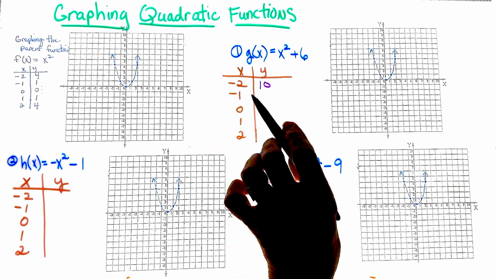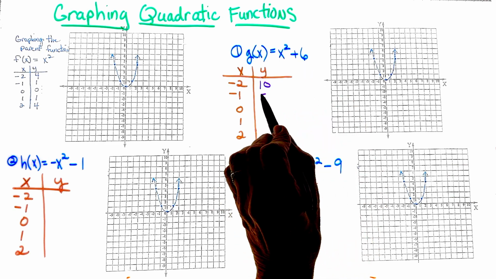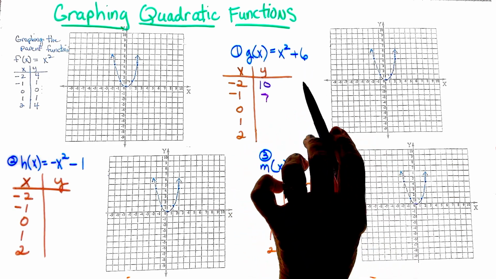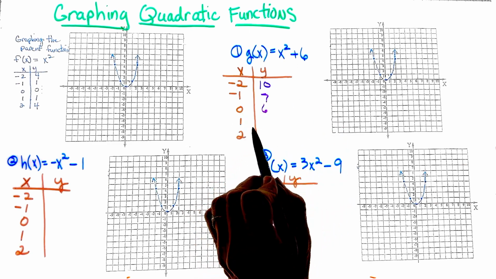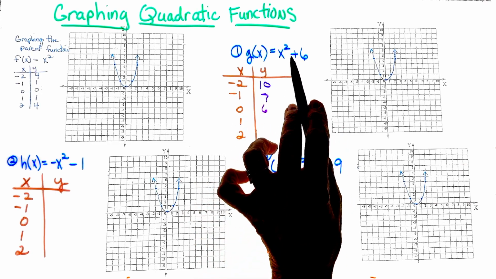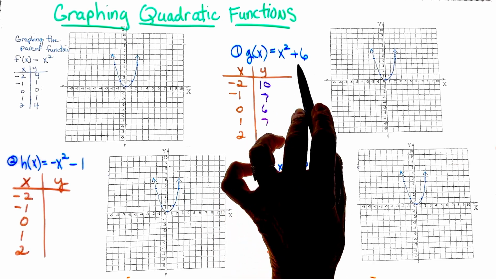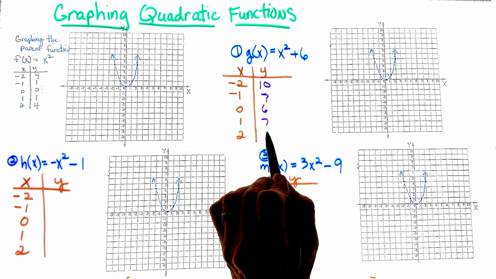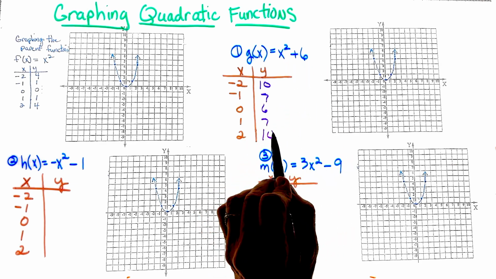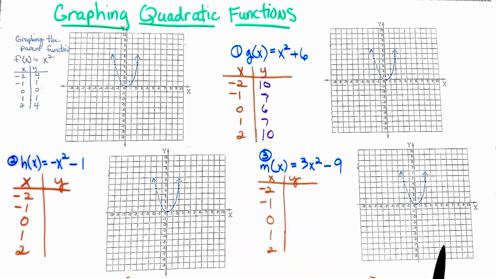A -1 squared is 1, plus 6 is 7. If we put a 0 in, we just get a 6. Putting a 1 in, again 1 plus 6 is 7. And 2 squared is 4, plus 6 is 10. These values should definitely match on your chart as you're doing it.